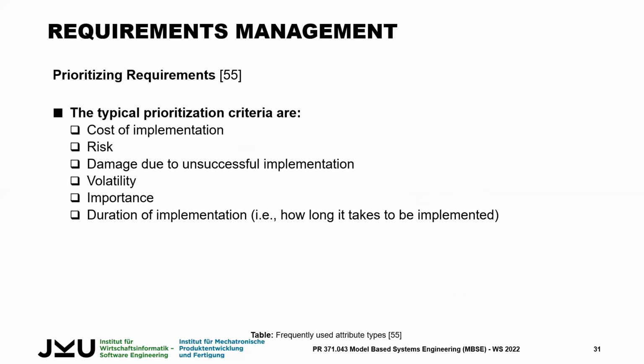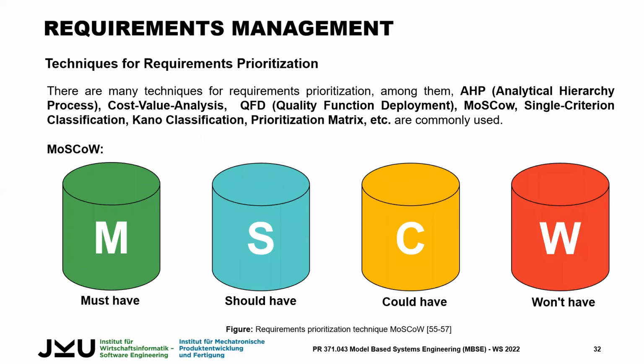So this is prioritizing requirements. As I told you early in the lecture, all requirements are not equally important. So there are some levels. The requirements prioritization could be based on those criteria. There are some techniques for the prioritization.